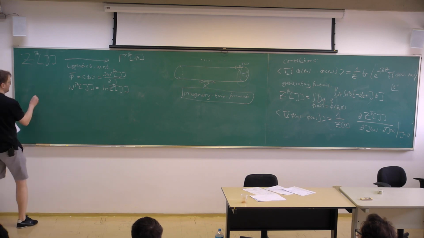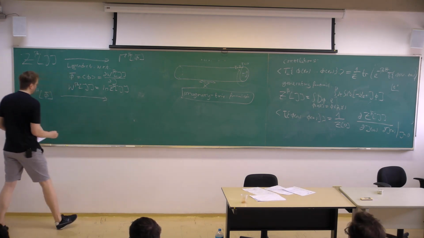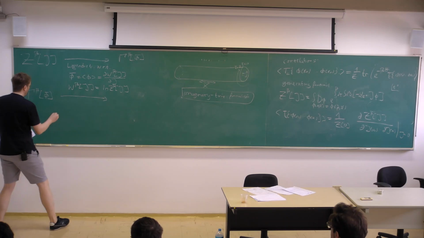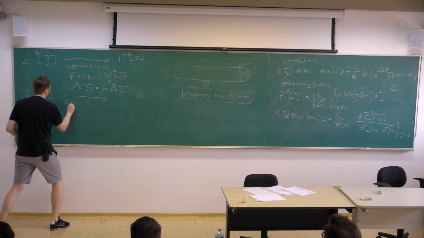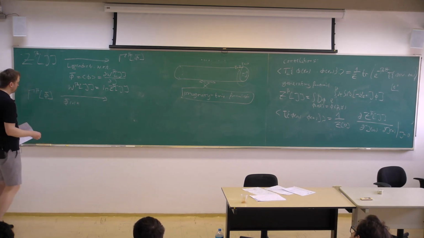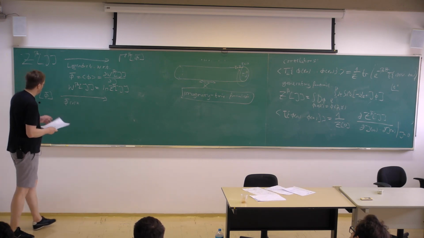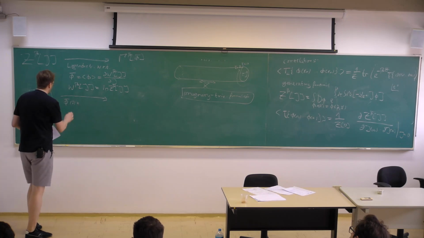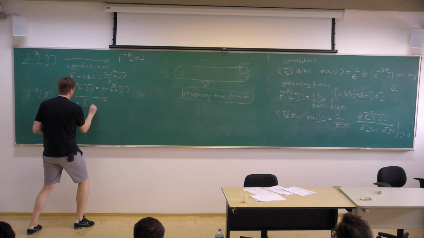Okay, and now let me write this again here. So now from this effective action, I can restrict to constant field configuration. So where phi is generically a space-dependent field, I specify to a constant field.